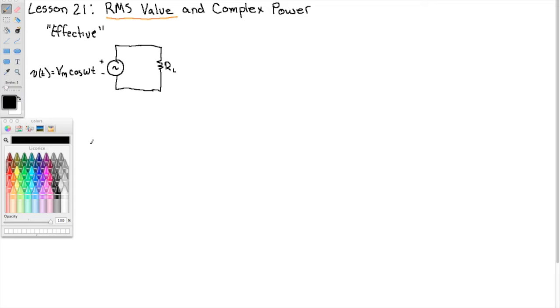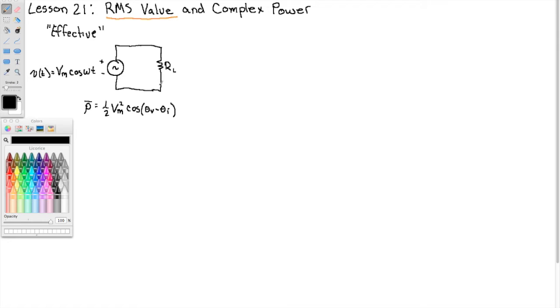From the previous video, the average power in that resistor can be written as 1/2 the maximum squared times the cosine of the angle between the voltage and the current.